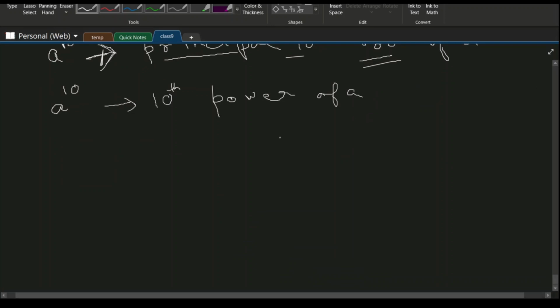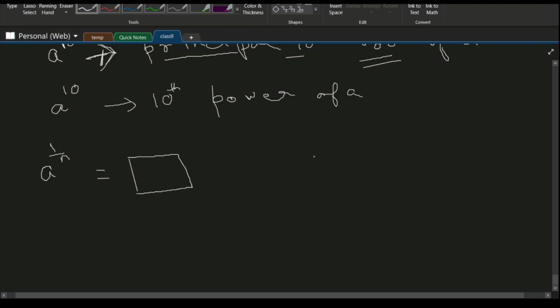So that was just the notation part, and how do we read it. So a to the power 1 by n, we read it as principal nth root of a, where n is a positive integer. Now what is this quantity equal to? The end goal is to find that.